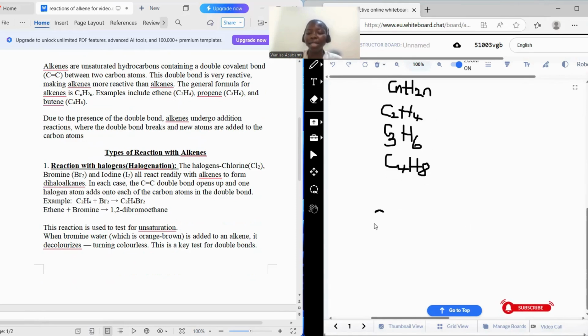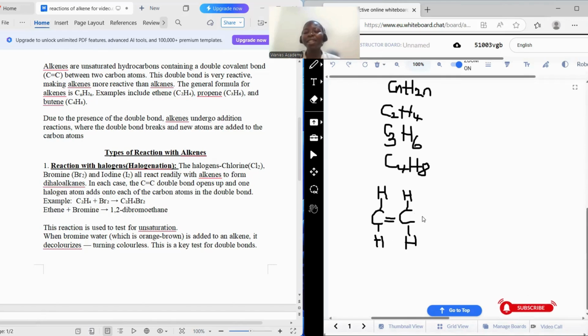We have ethene, C2H4. If we write the structural formula of ethene, we have a double bond between the carbons, with four hydrogen atoms. So this is the structural formula of ethene.